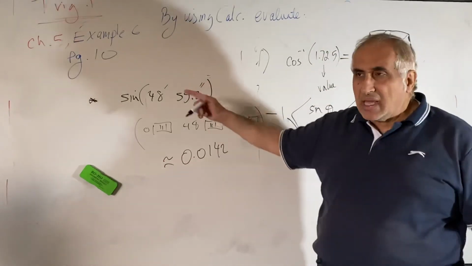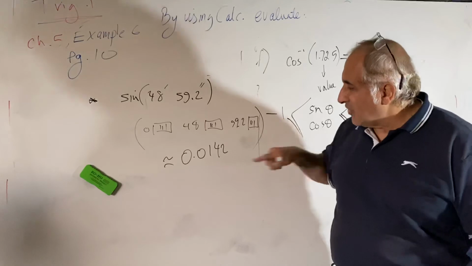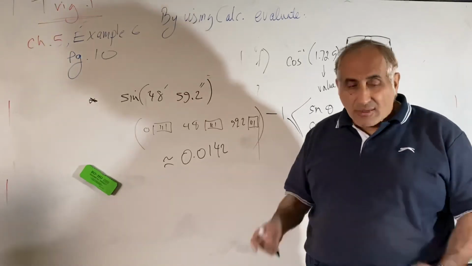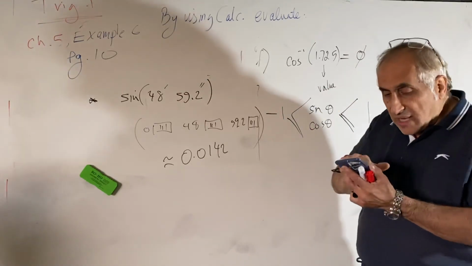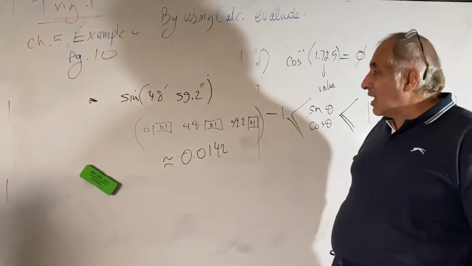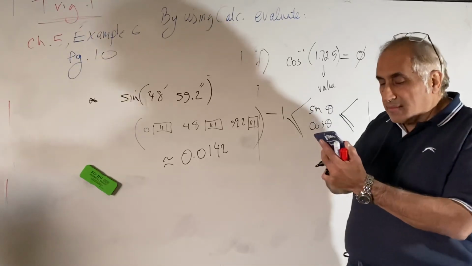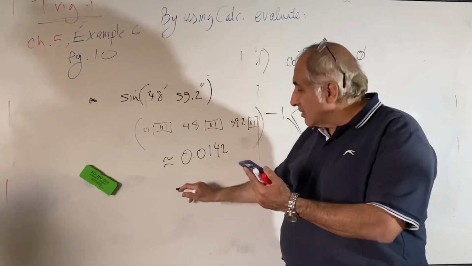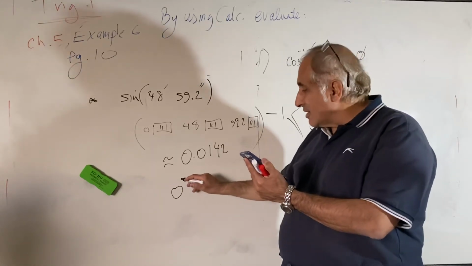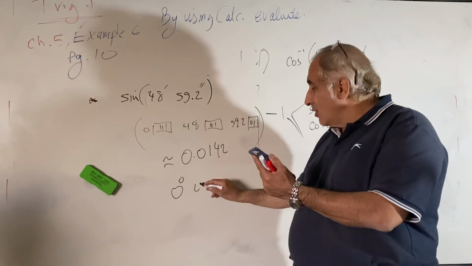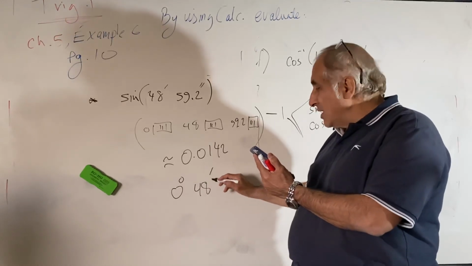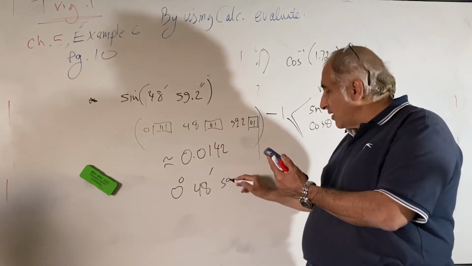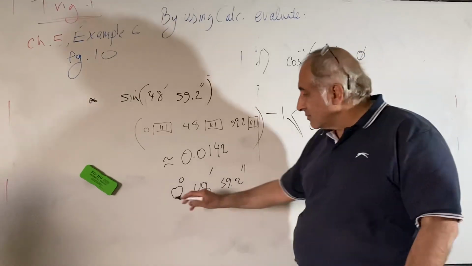I put degrees, it gives me a value. If I take the sine of this, I'll get that. You know how? Shift, sine, the answer I put last. My God, I see an answer which is exactly like that one. My calculator does this: 0 degrees, 48 minutes, and 59.2 seconds.